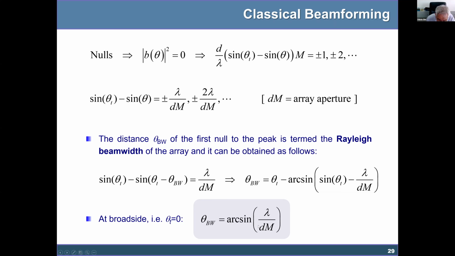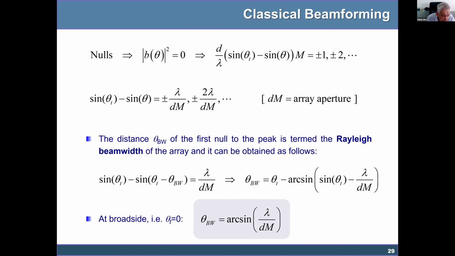Now, to increase the array aperture, you have two options. Either you increase d, but remember, d cannot be greater than lambda over 2. Or you increase M, so you build an array with more sensors. But when you add a sensor, you add all the circuitry, the analog to digital conversion, the antenna, and so on. So it has a cost.